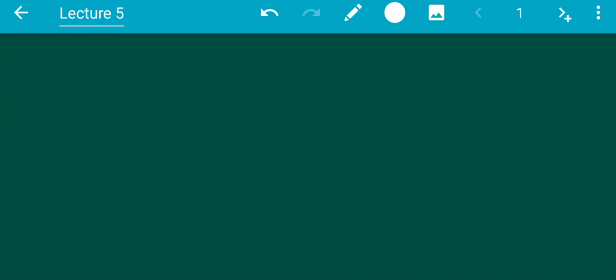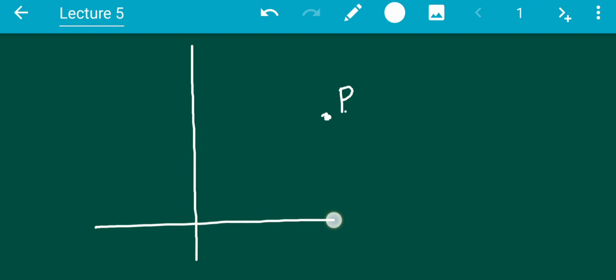Suppose this is our point P, (x, y). Now we draw a Cartesian coordinate system.